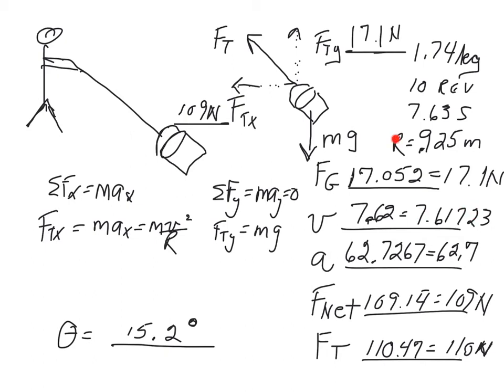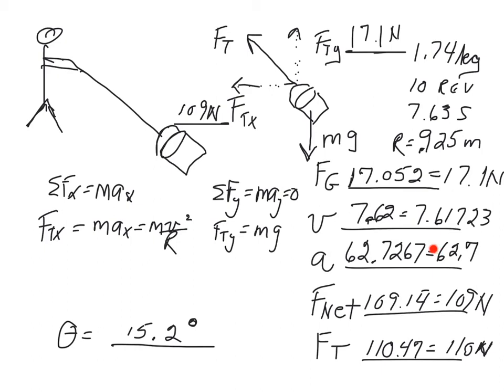Divide by the radius, v squared over r, and I get the acceleration. If you're paying attention to the physics, right away you should say, whoa, 62.7. That's a lot bigger than 9.8. It's more than 6 times bigger.